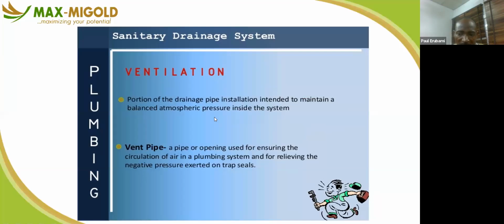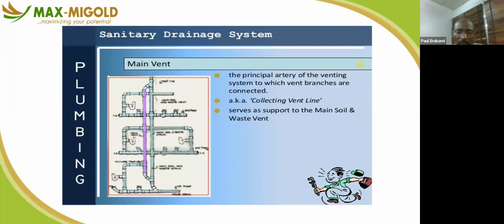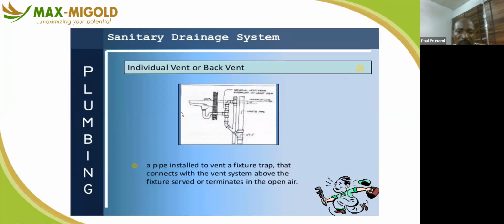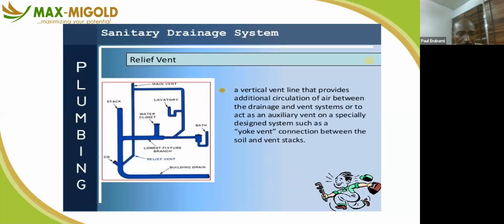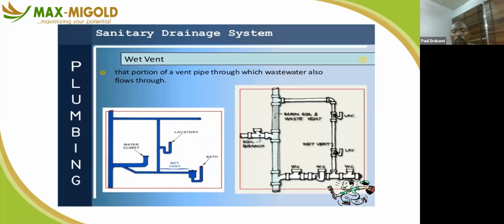Ventilation, I've already mentioned, that's the reason why you have a vent at the back of your toilet, and that's the function of that pipe. These are all types of vents, waste vents that you can have. You can have main soil and waste vents. Then there is what we call a wet vent. The reason why you have a wet vent is that your vent, the only thing that is going through your vent is just ordinary air, which is odor from the what?